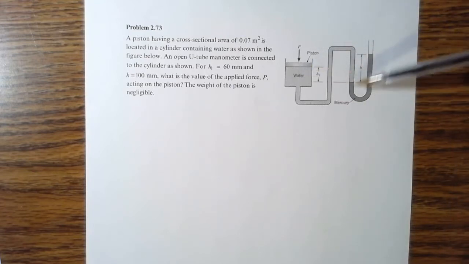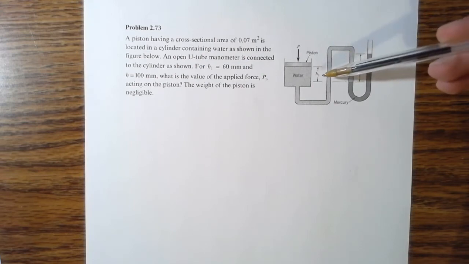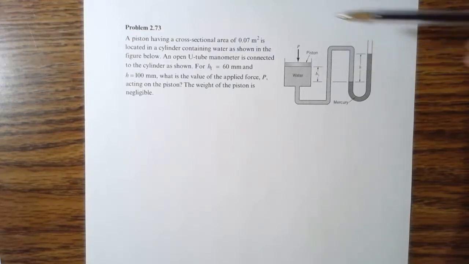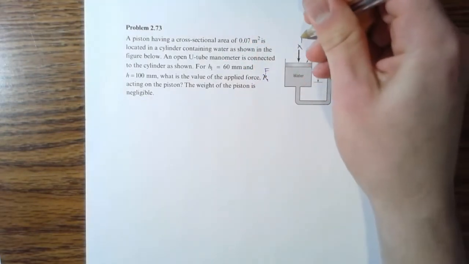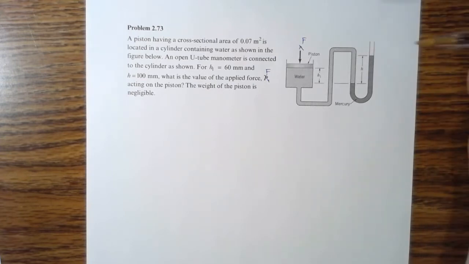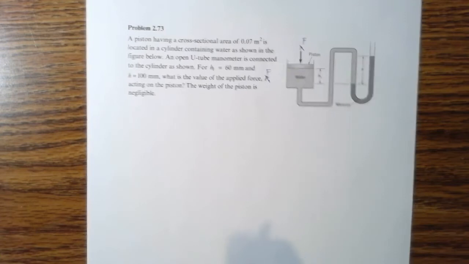An open U-tube manometer is connected to the cylinder as shown, for H1 equal to 60 millimeters and H equal to 100 millimeters. What is the value of the force P? I renamed that F when I was doing the problem, because of pressure and P. Anyway, force F acting on the piston. The weight of the piston is negligible.